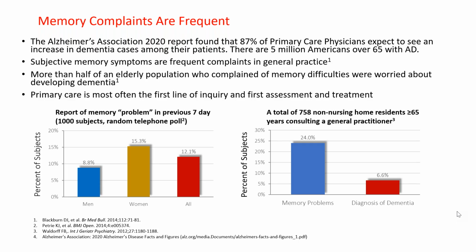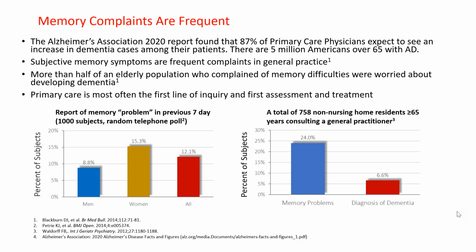When people have looked at this issue and polled patients, about 12% overall of samples are saying that they're having memory problems, from the research done a couple years back.